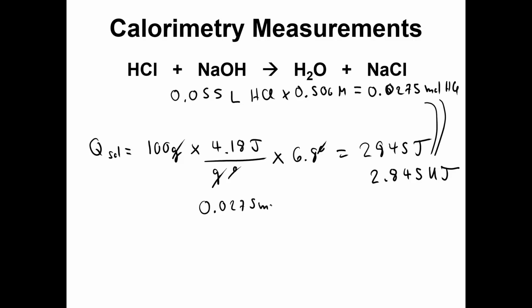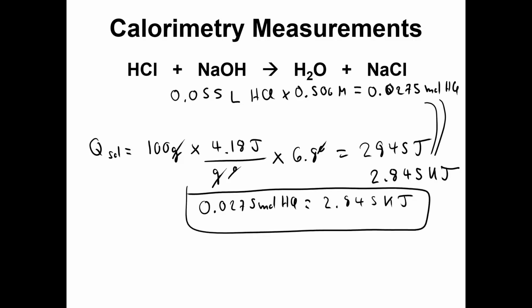0.0275 moles of HCl is equal to 2.845 kilojoules. This is a conversion factor, and if I want to know the molar heat or the delta H for the reaction, I need to scale this up to 1 mole.